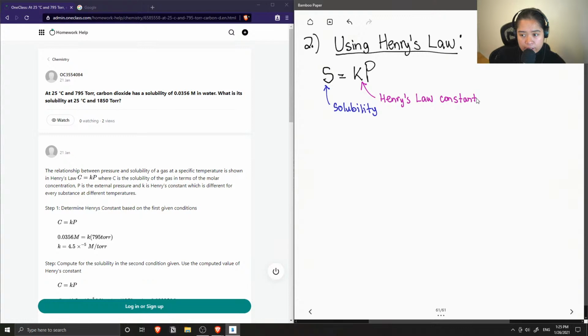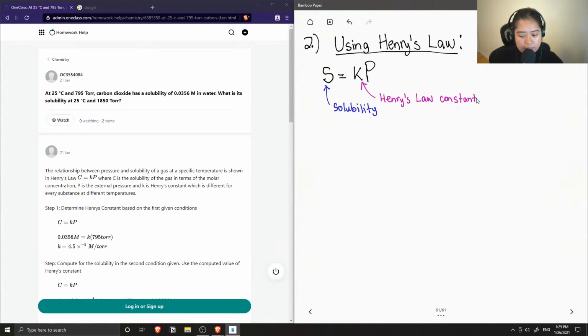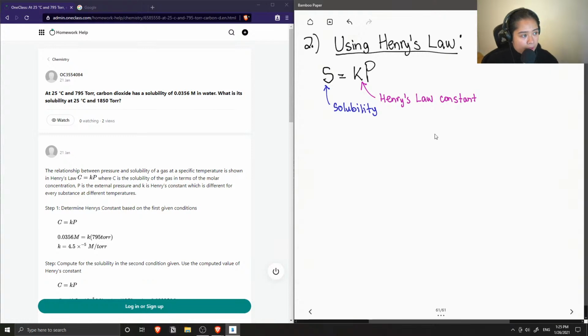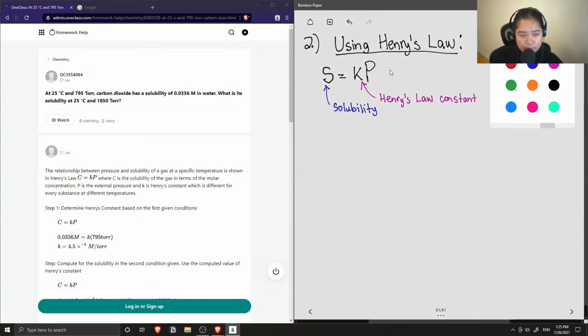This K value isn't an actual fixed value, it varies depending on the temperature and also depending on the type of substance we have. And P is just pressure.